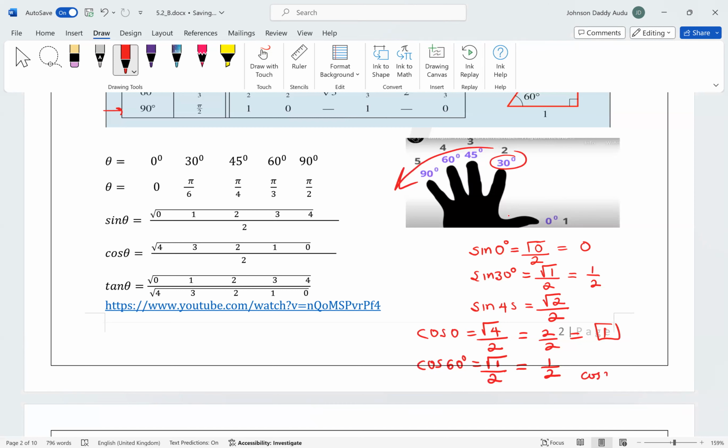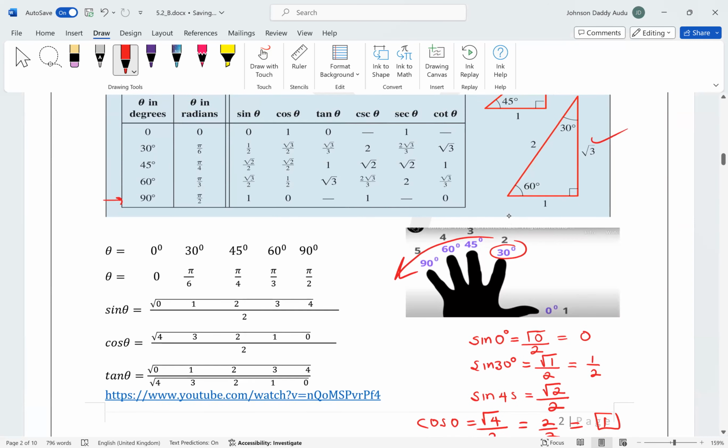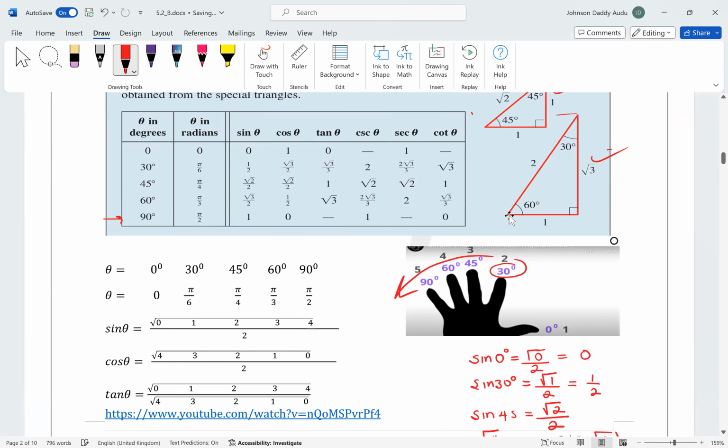Cosine 30 degree is just, how many fingers do we have to the left? 1, 2, 3. So it's going to be root of 3. We're still dividing by 2. All right, so these are just some fast tricks to be able to get these trig ratios, instead of using these diagrams that we did earlier.